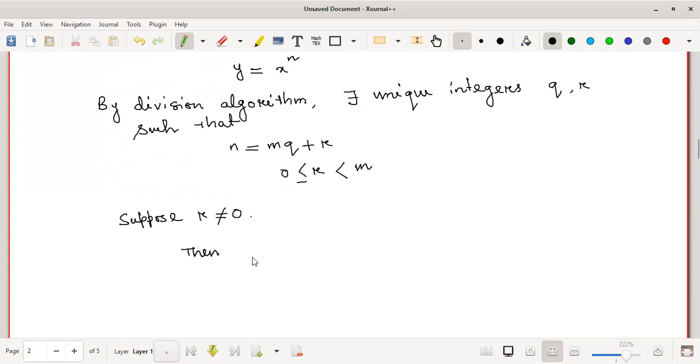What is x to the power r? x to the power r is equal to x to the power n minus mq, which equals x to the power n into x to the power m to the power minus q.